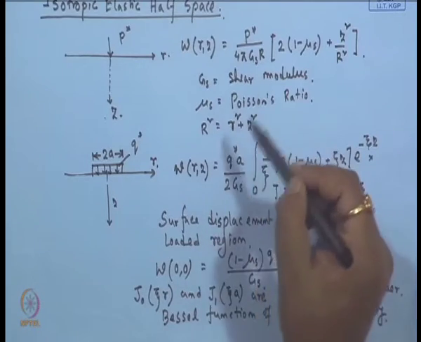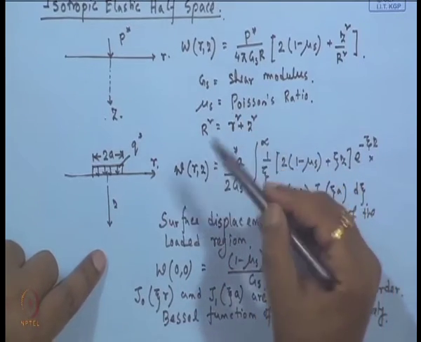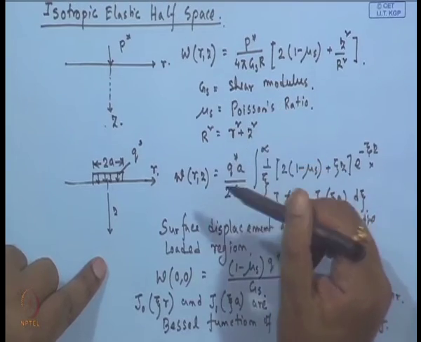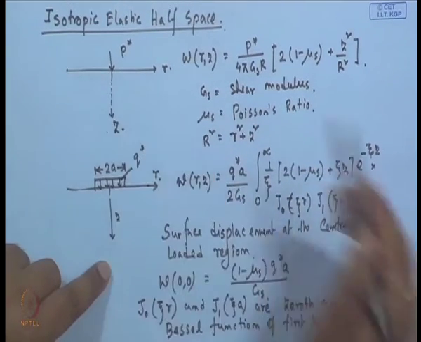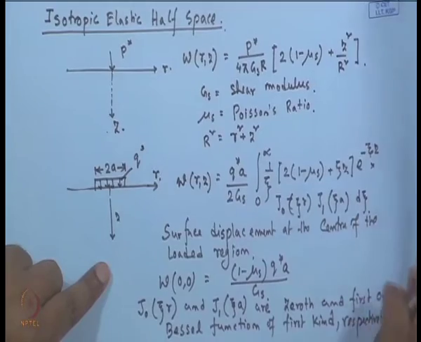So, these are the two different conditions. One is concentrated load, another is UDL for the isotropic elastic half space medium.